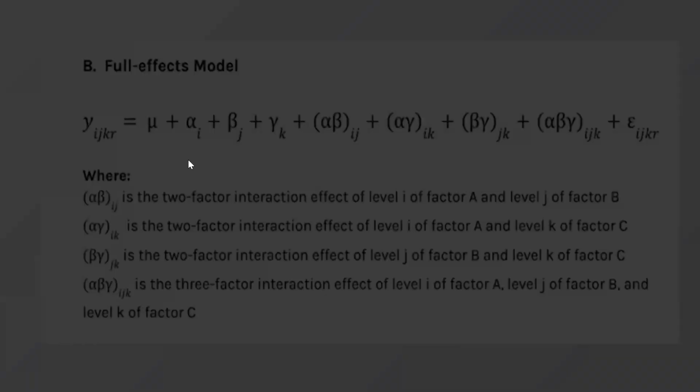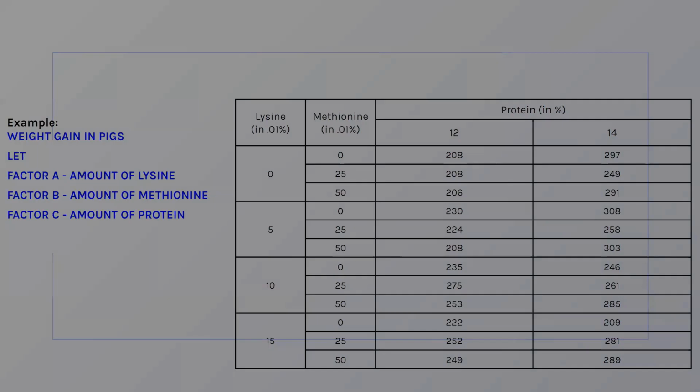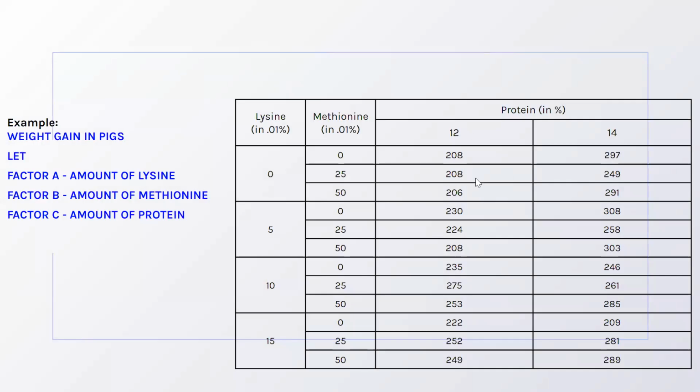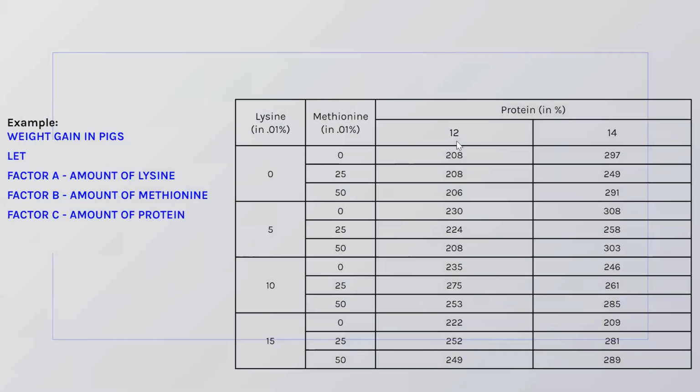So, kung babalikan natin yung pinakauna nating example, katulad neto, isa lang yung value niya. So, R is equal to 1. So, kahit hindi mo na isulat kasi laging R is equal to 1 naman. Pero may mga tables na maraming values sa iisang cell. And yung R, yung number of values nung nasa cell natin.